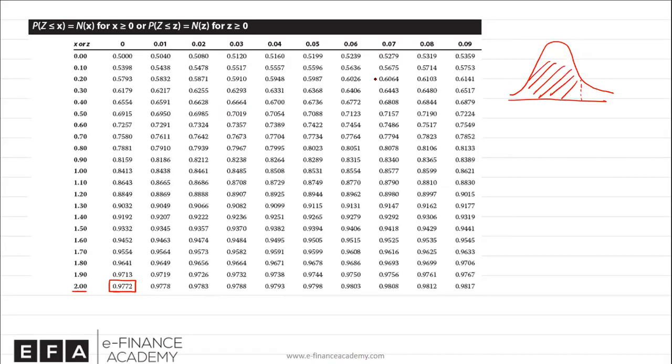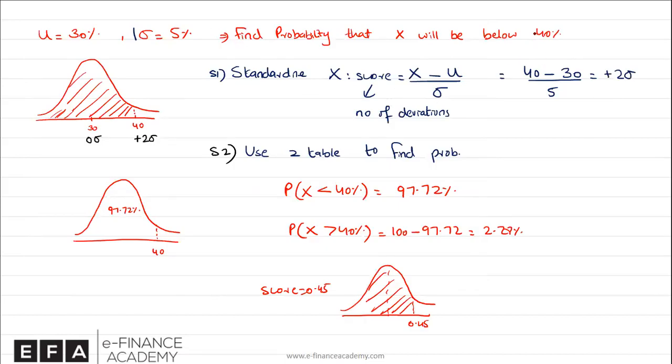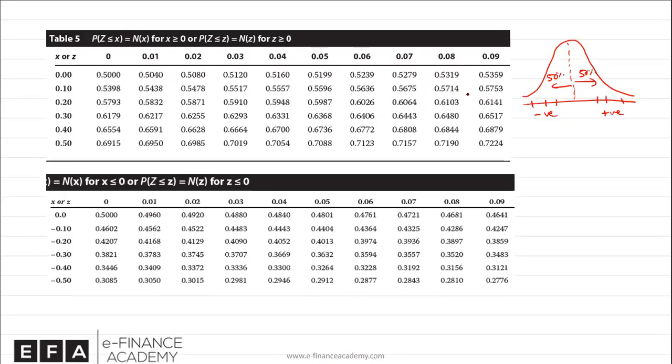For example, if in our example here, X was 20, the formula we would use is 20 minus 30 divided by 5, and we would get minus 2 deviations, which would fall to the left of the mean. So the scores on the left side are negative and the scores on the right side are positive.